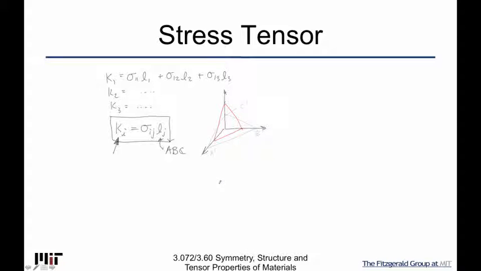And so even though K may be in the same direction, and I didn't change that, I'm shifting from this area to that area, and of course my sigma ij changes because the normal here and the normal here are two different directions.